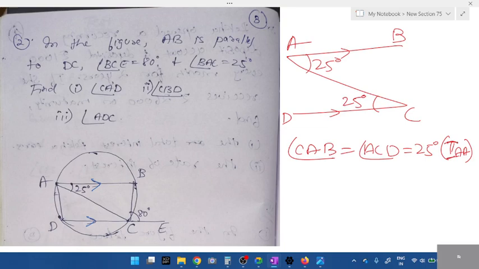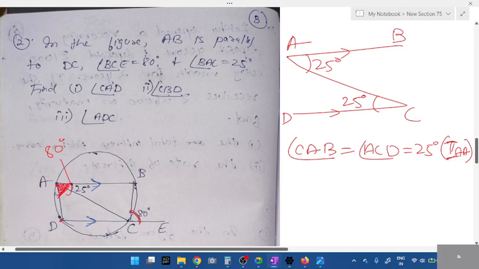Clear? So the first thing there was CAD, students. How do you find CAD? In this cyclic quadrilateral, can you see the exterior angle? This exterior angle will be equal to which one? The interior opposite, the entire angle A, right? Yes, this entire thing is 80, but they didn't ask for entire A, students.